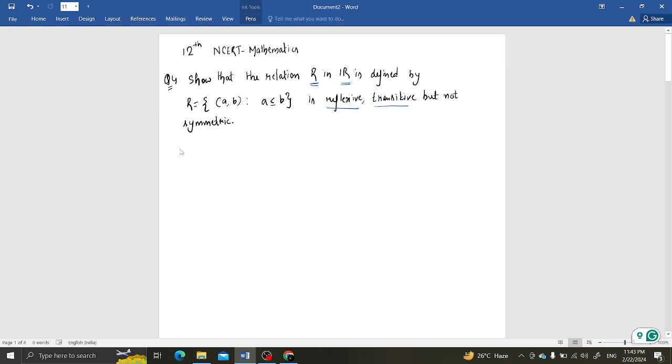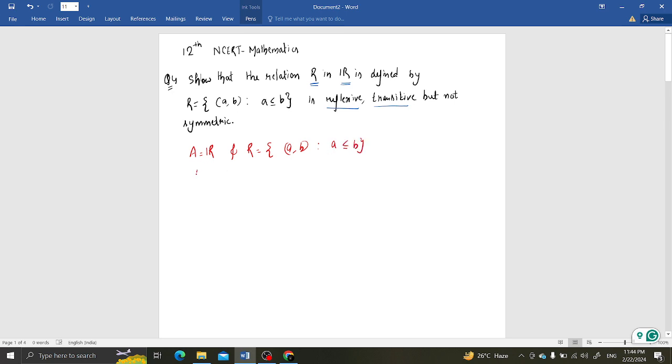I'll change the color in this video. So what is A here? A is the complete set of real numbers R, and the relation R is the collection of all those ordered pairs such that a is less than or equal to b.